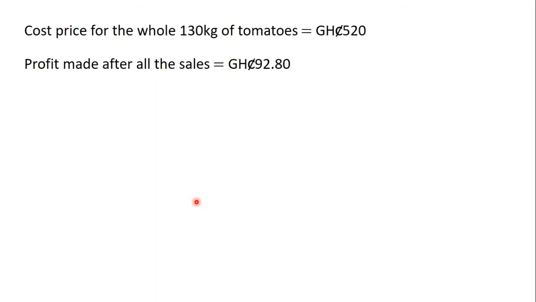Now we want to find the profit percent. For the whole 130 kilograms of tomatoes, the cost price was 520 Ghana cedis. The profit she made from the whole transaction was 92 Ghana cedis, 80 pesos. We know that profit percent is equal to profit divided by cost price times 100.